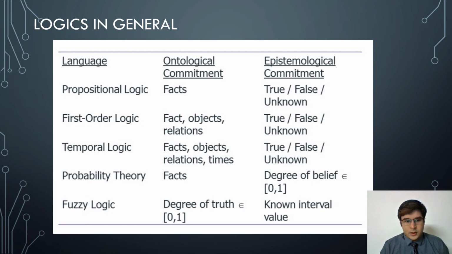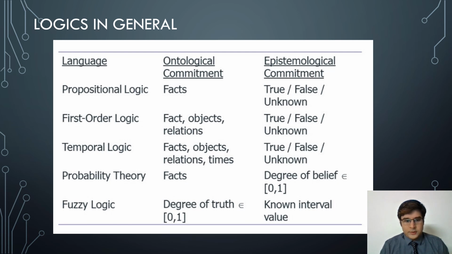Next, we have temporal logic. It is another form of logic in which an additional time factor is included in the ontological commitment, and it can also be either true, false, or unknown. Another one is probability theory.